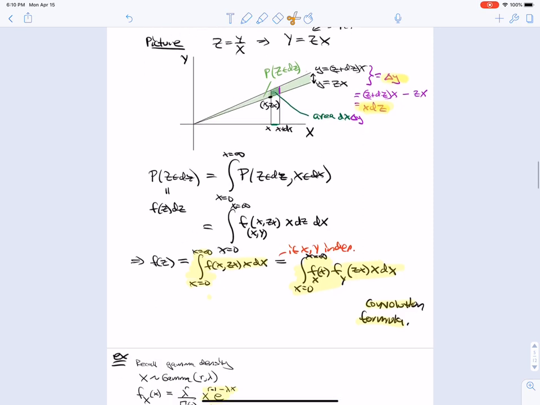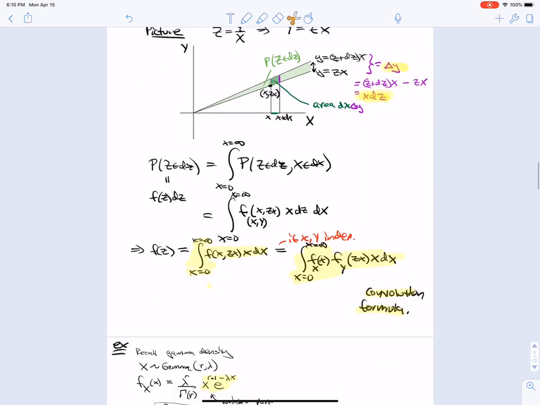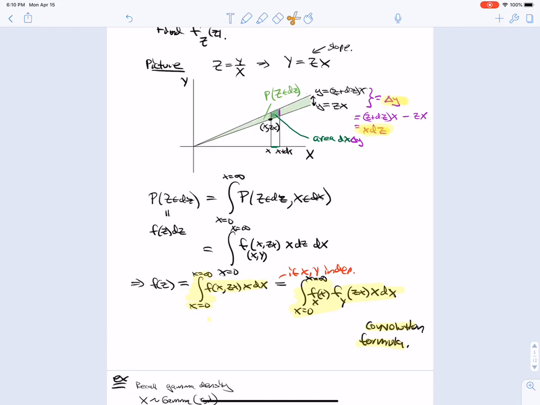Then we're going to sum all of these volumes as x goes from 0 to infinity. That's an integral, and hence we get the integral from x is 0 to x is infinity of f(x, zx) times x dz dx, which is the volume of that little shaded green region.